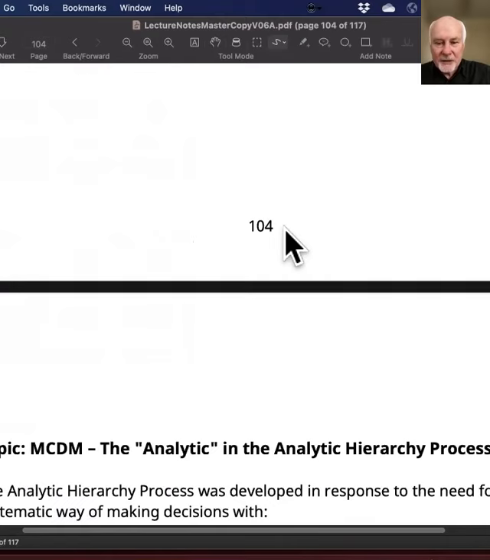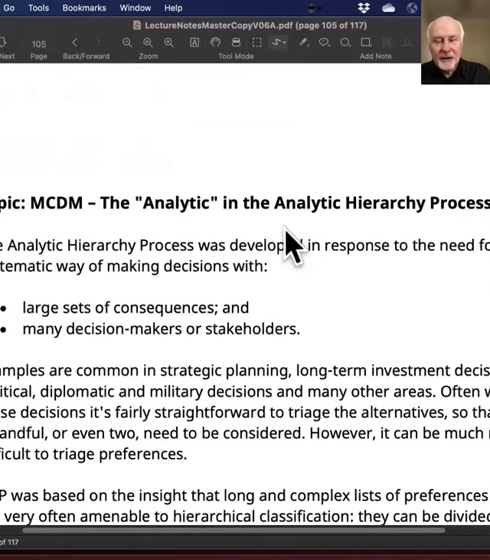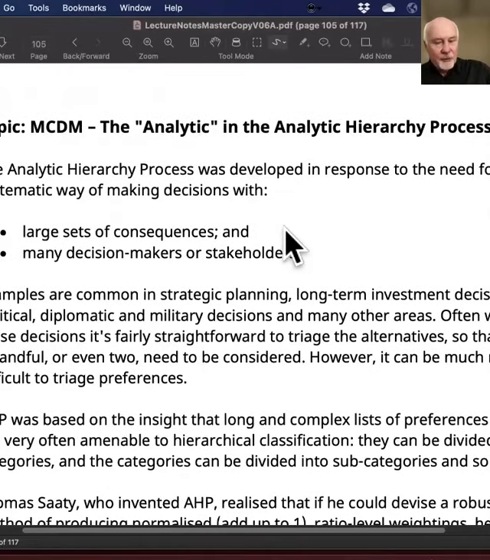Okay, so that's it for regression. And I want to move on to the last bit about the analytic hierarchy process.